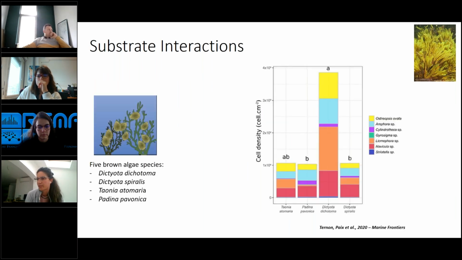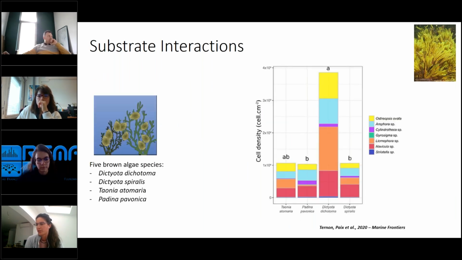So to test this hypothesis, we used 5 different brown algae species from the Mediterranean Sea. We went to the field and measured the cell abundance of different microalgae, including Ostreopsis ovata, on the different species. And we saw that Dictyota dichotoma had the highest abundance of Ostreopsis cells. So that was in line with previous observations made in the field in the same area.